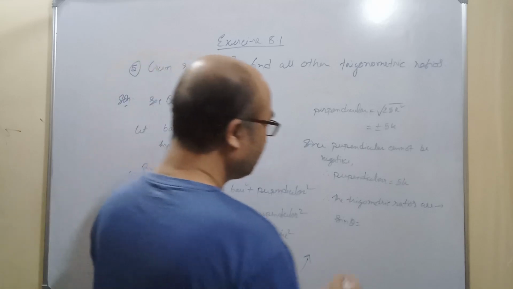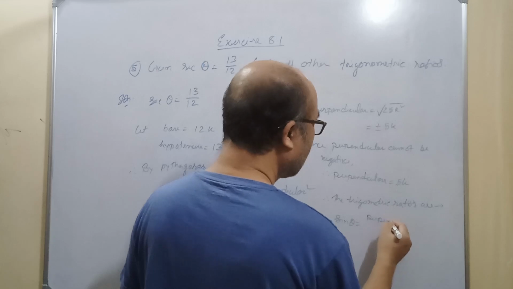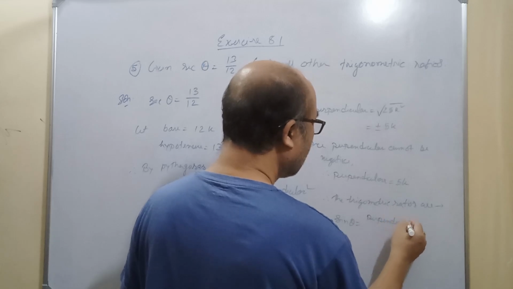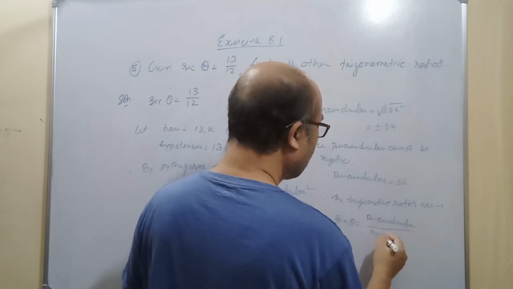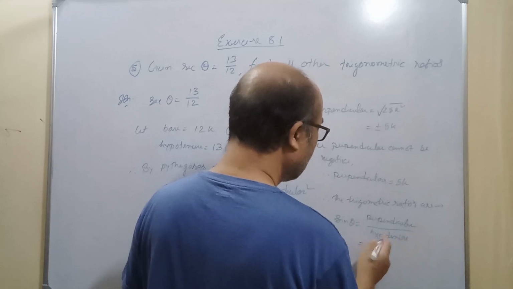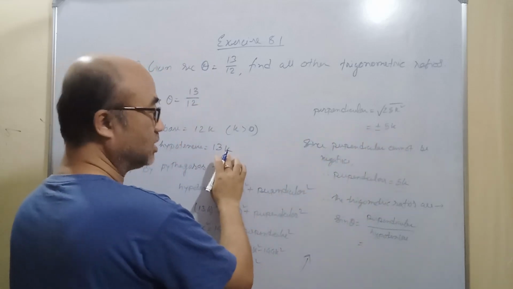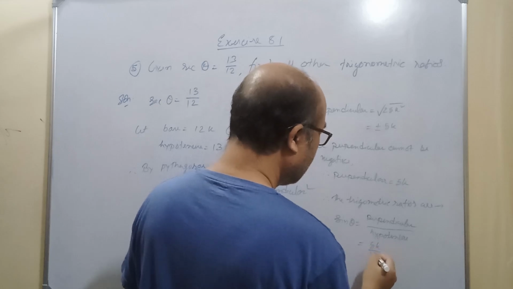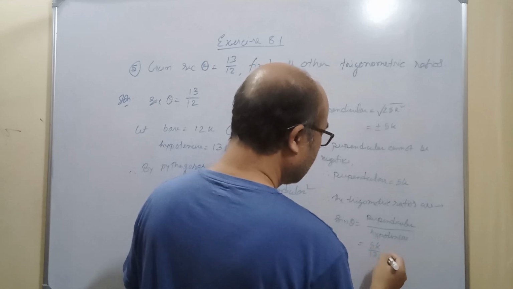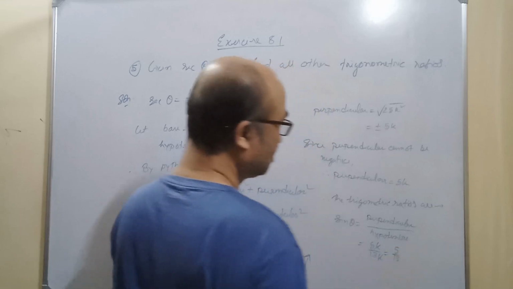What is sin theta? It is perpendicular by hypotenuse. Perpendicular is 5k, hypotenuse is 13k. So it is 5k by 13k. K cancels out. We get 5 by 13.